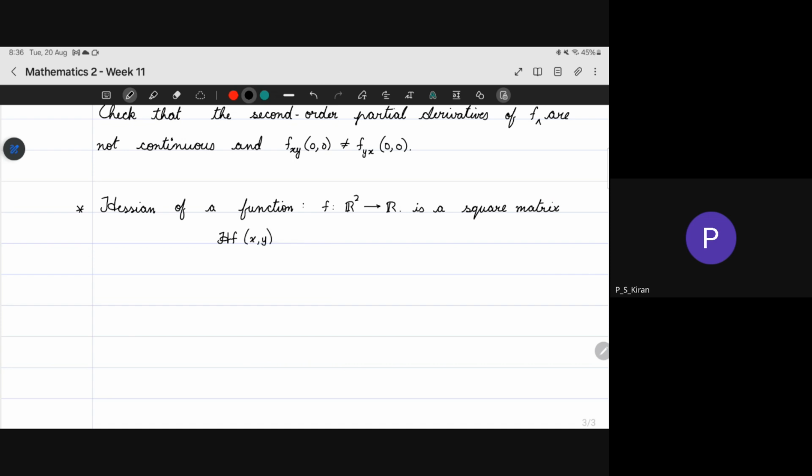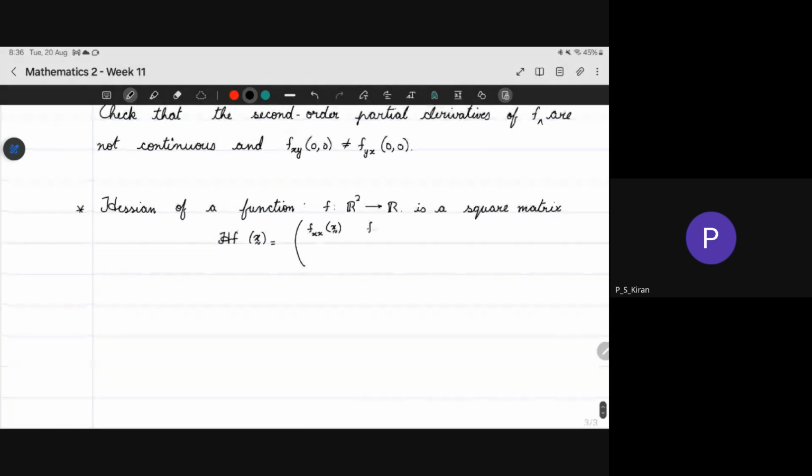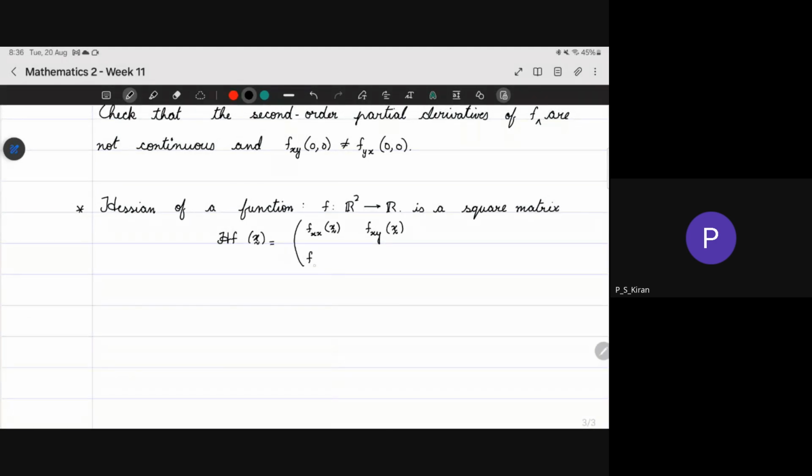Hf at x tilde would be fxx at x tilde, fxy at x tilde, fyx, fyy.